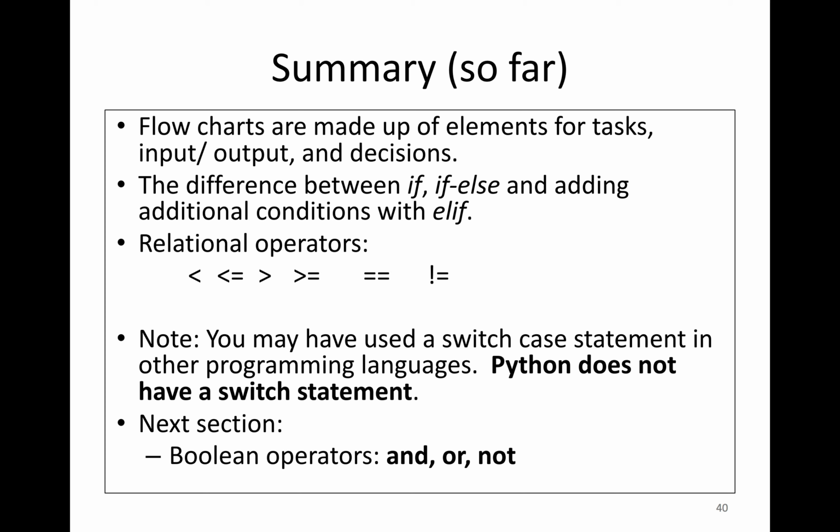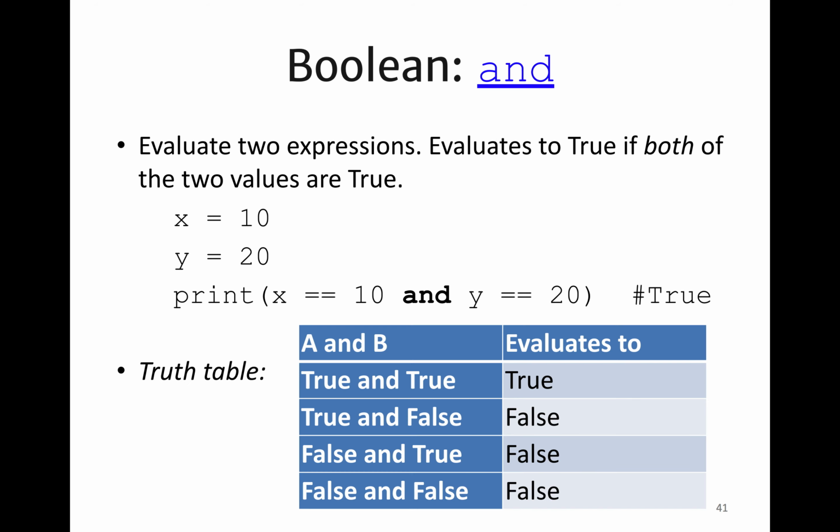Note, you may have used the switch case statement in other programming languages, but Python does not have a switch statement. In the next section we'll discuss and, or and more.